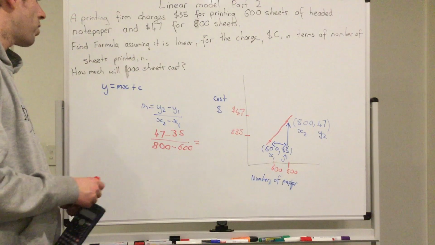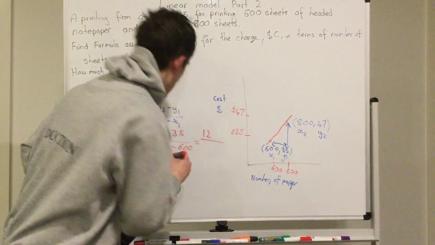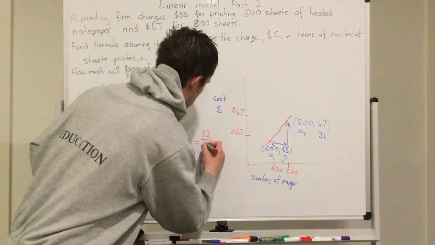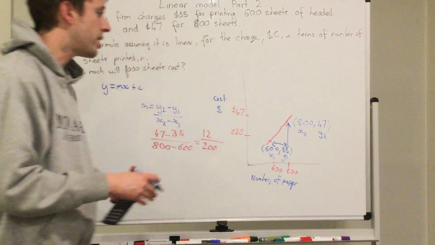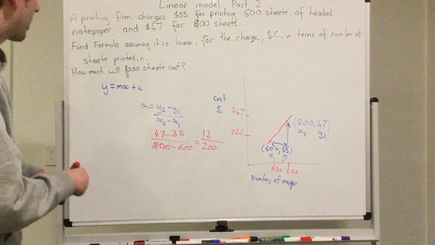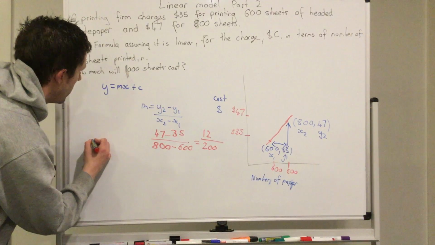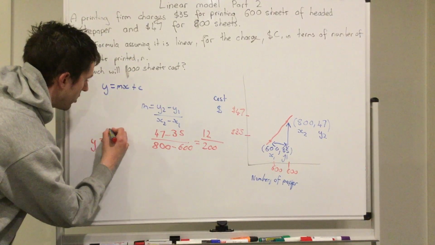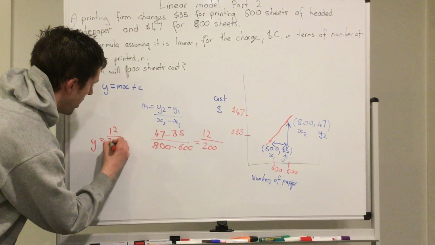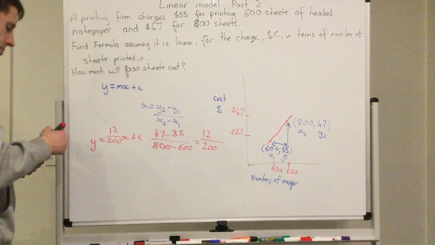So 47 take 35 is 12, 800 take 600 is 200, so my gradient is 12 over 200. I could simplify it, but I'm not going to for this. So I've got y equals 12 over 200 x plus c.